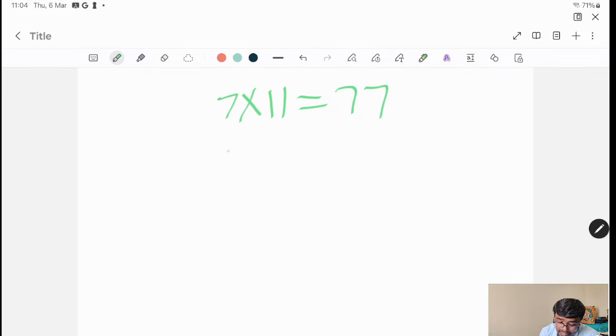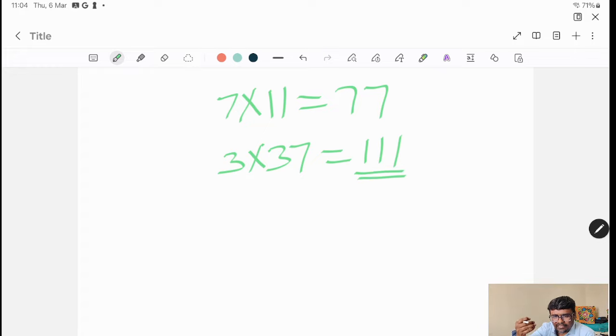Not only that, I will show you previous years' questions based on exactly this logic. 3 into 37, 111. Wherever you see 111 in a calculation or a number series, immediately recall that it's a multiple of 3 and 37.